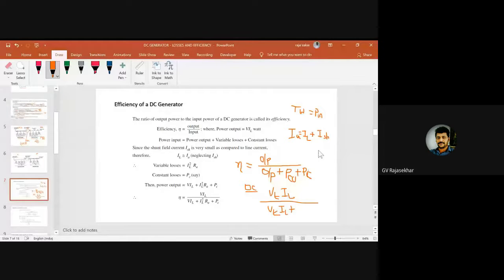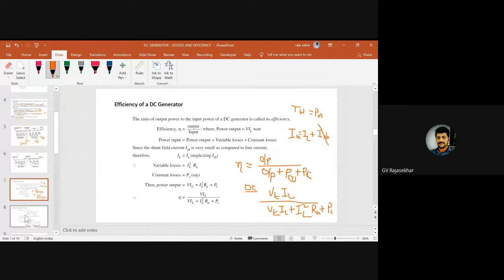Suppose ISH is very small compared to IA, so if it is neglected, then IA is equal to IL. So instead of IA square, you will write IL square RA, plus PC, where PC is nothing but the constant loss or core loss. So efficiency is equal to Vt into IL divided by Vt into IL plus IL square RA plus PC.